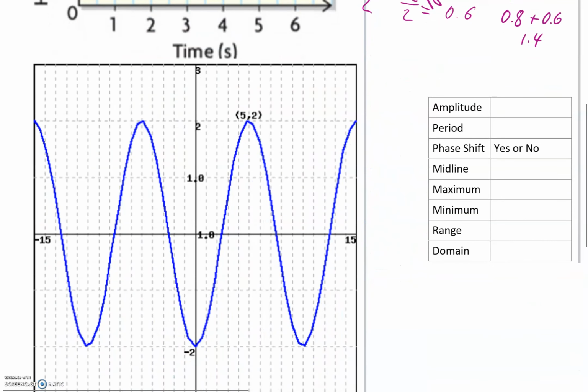All right, let's look at this one here. It might be a little bit easier to figure out. We have a minimum of -2, a maximum of +2. Which means if we find the middle of those two, the midline is y equals 0.